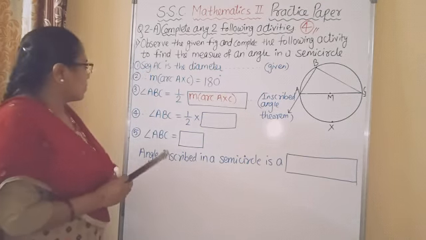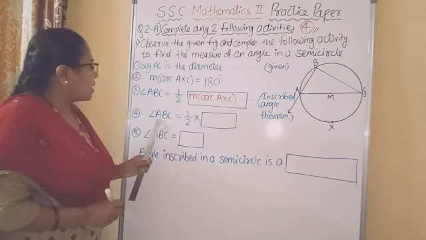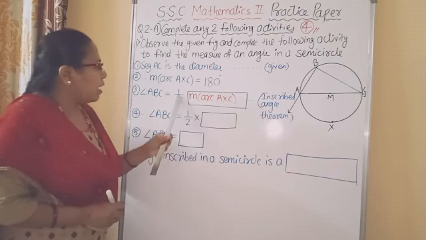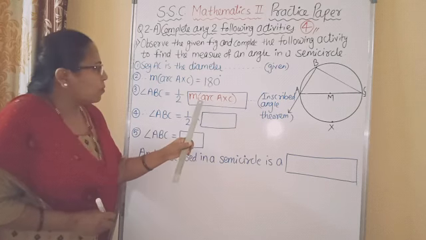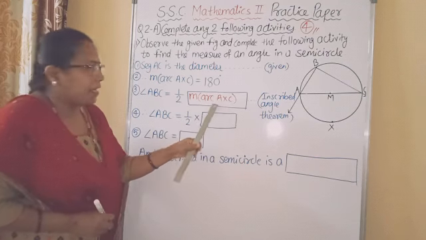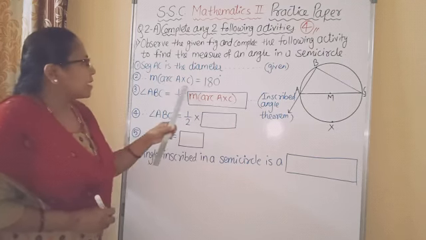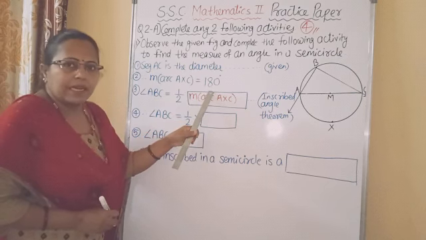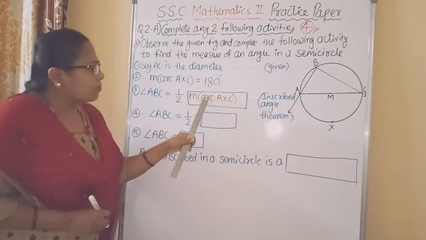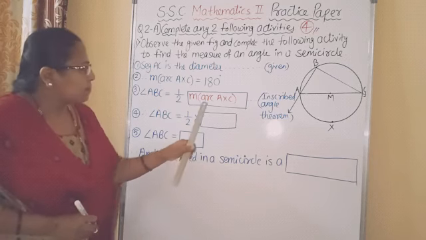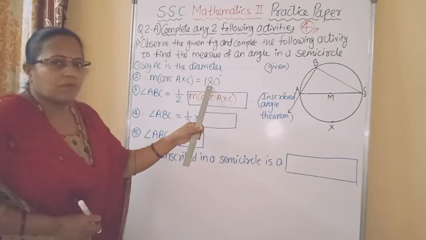Okay. Next step. Therefore, angle ABC is equal to half into dash. Here we wrote measure of arc AXC, and as we know, the measure of arc AXC is equal to 180 degrees. See students, answers are already given here. You just have to read the step carefully. So this measure is given, 180 degrees.